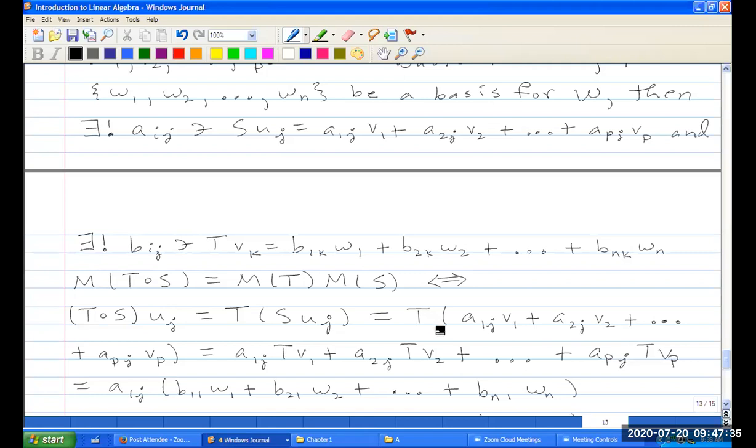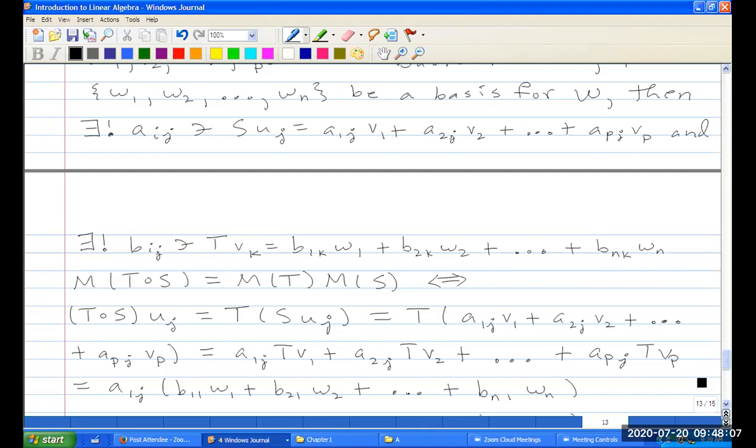By the fact that T is a linear transformation, T of a linear combination of vectors is the linear combination of T of those vectors. So this is A sub 1j T V1 plus A sub 2j T V2 plus dot dot dot A sub Pj T VP.